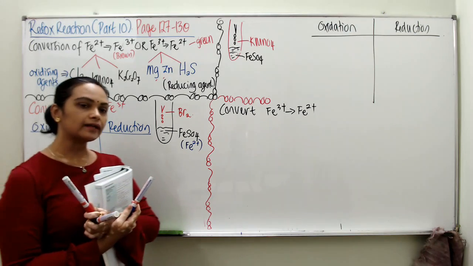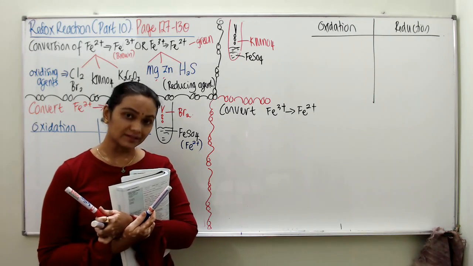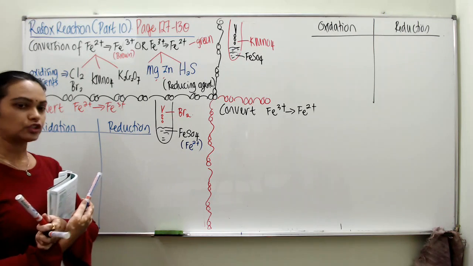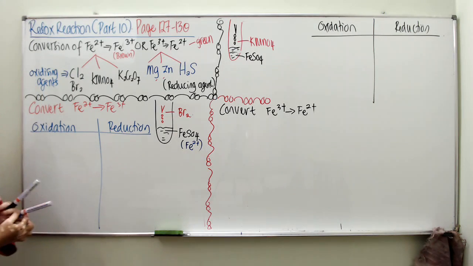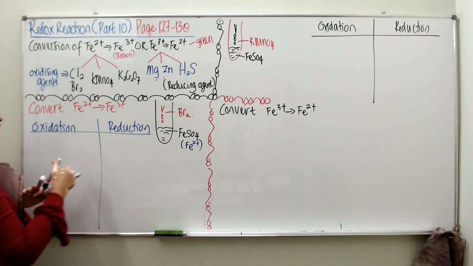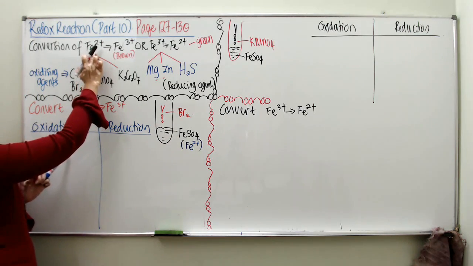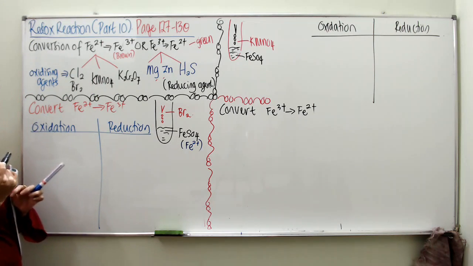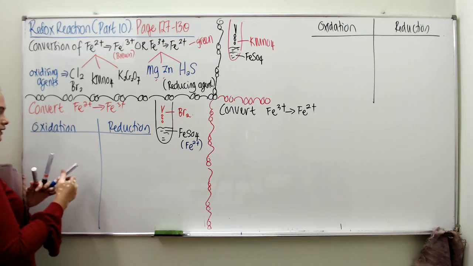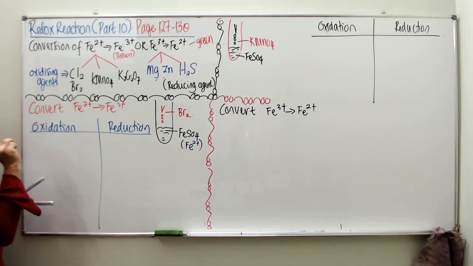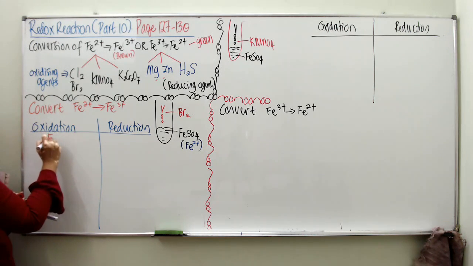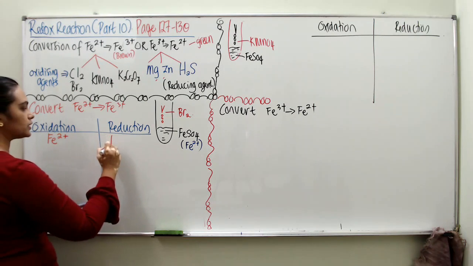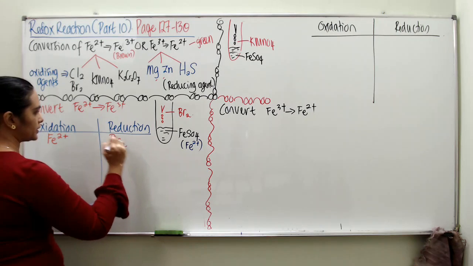Let's look at the conversion, and we are going to discuss this subtopic in the form of redox reaction. Teacher told you already that iron 2 ion must be converted into iron 3 ion. There's no other way. So here, the one that goes through oxidation is iron 2 ion, and the one that goes through reduction is bromine water.